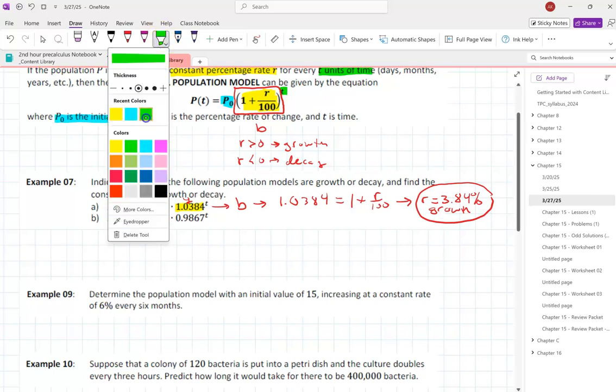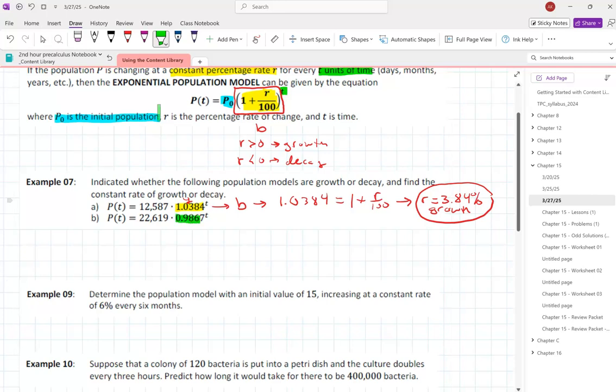If I look at the next example, so there's my b. I can say that 0.9867 is equal to 1 plus r over 100.